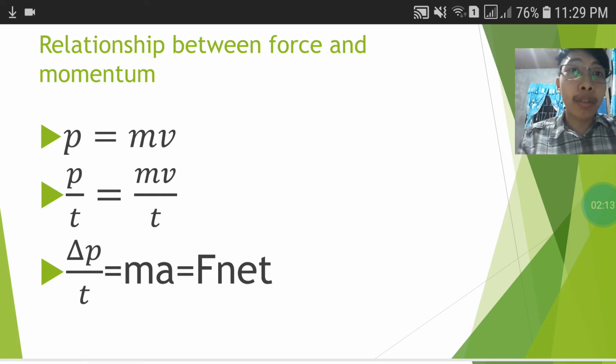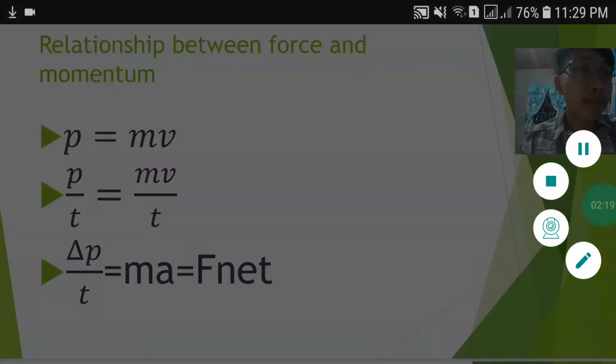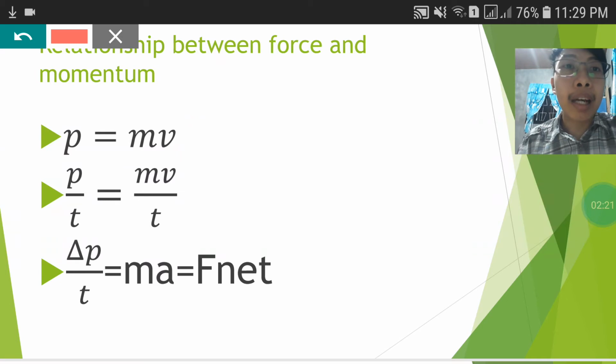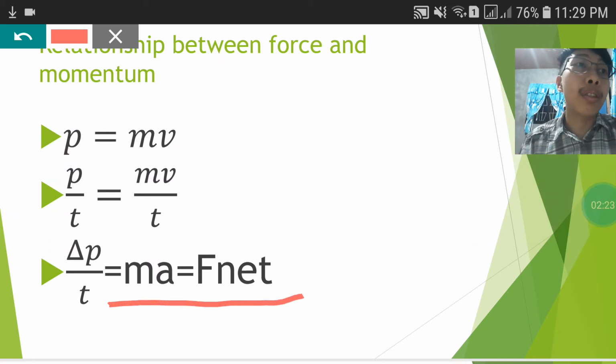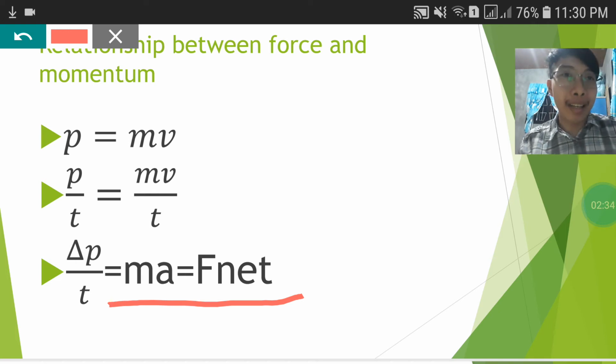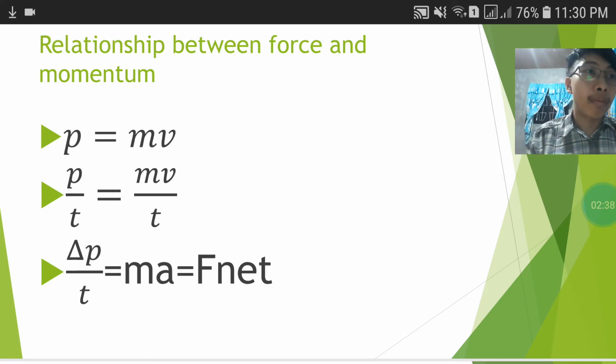Therefore, momentum over time is equal to mass times acceleration. And we all know that mass times acceleration is also equal to our F net, or net force. So we can conclude that the net force is equal to the momentum over time. That is the relationship.